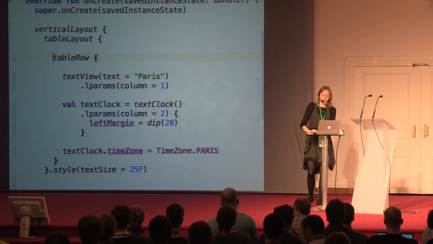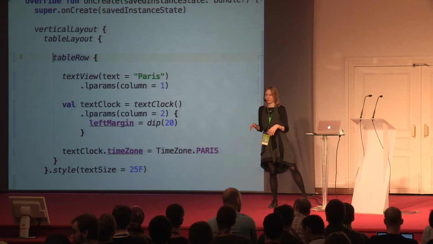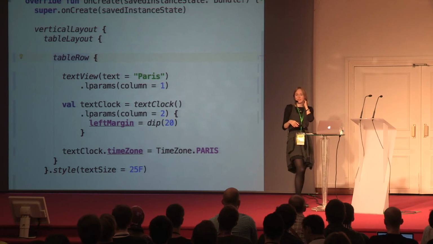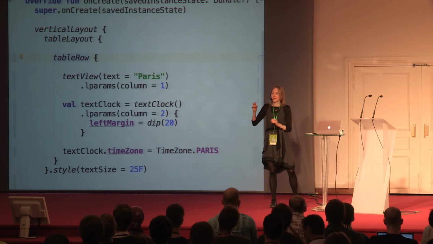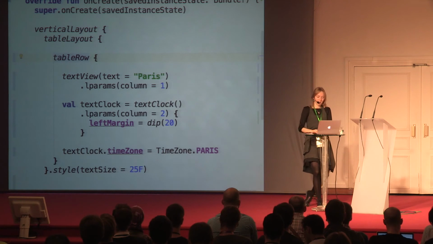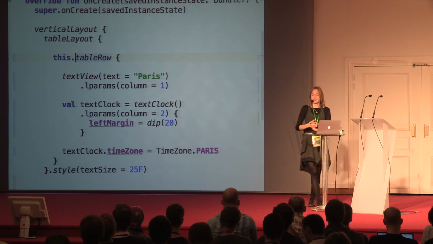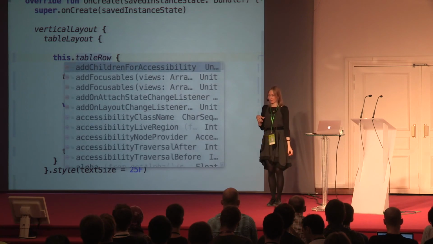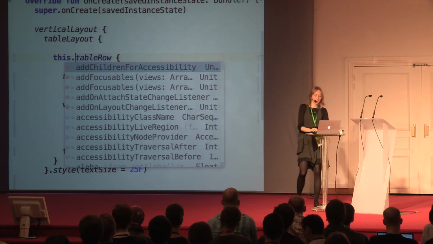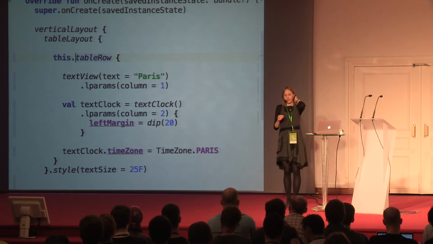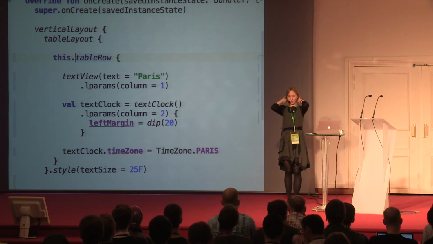It's not just a usual lambda. It's a so-called extension lambda, a lambda with an implicit extension receiver. So in this example, this is hidden beneath. This approach is like a modern approach.